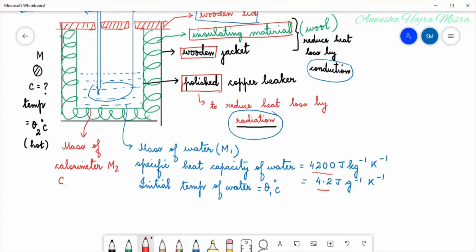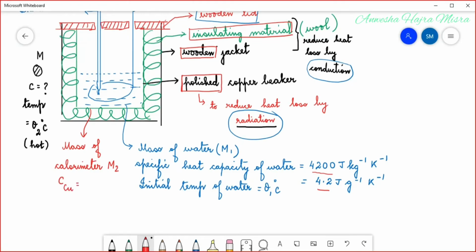Specific heat capacity of copper is say 0.4, it is very small, joule per gram per Kelvin. Now this water is at theta 1 degrees Celsius. So the vessel will also be at theta 1 degrees Celsius.